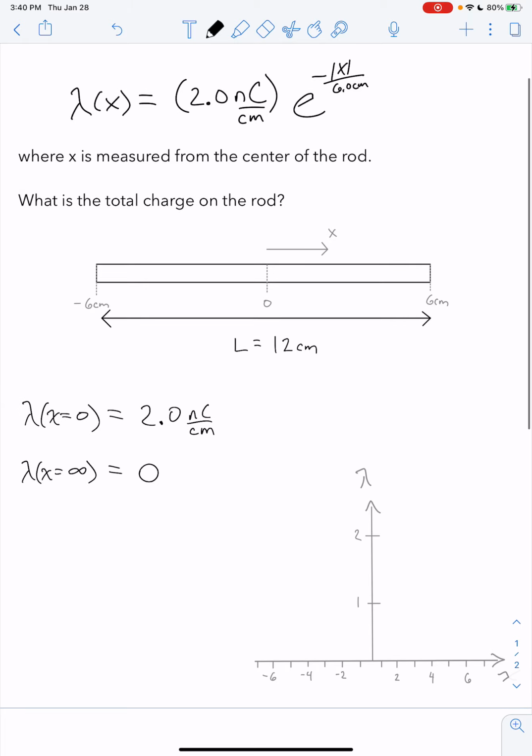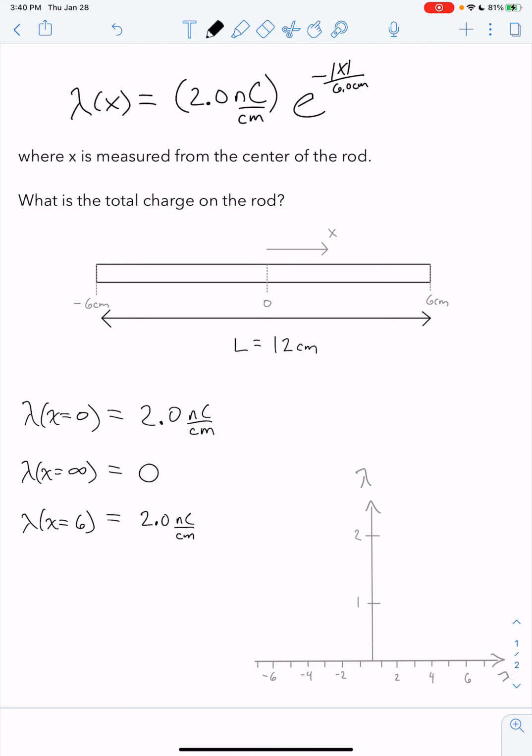If we really wanted to convince ourselves a little bit more, what could we do? Well, the next logical one in context is to say, well, what about x is equal to 6? What's happening there? Well, we've got 2 nanocoulombs per centimeter, and then e to the negative 6 over 6, so that's e to the negative 1.